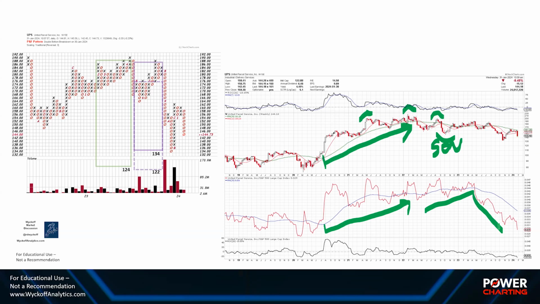Now, we can count the point and figure structure, 3-box reversal method. And you can see that we take smaller counts with distribution.